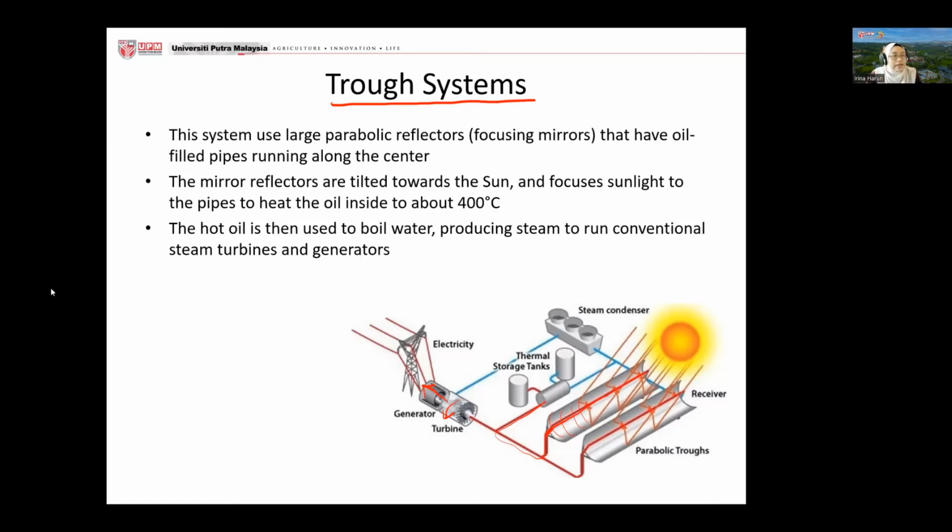One question here that you will need to try to answer in your attendance form later on. Why does the trough system use oil instead of water? Just have a think about it, okay?